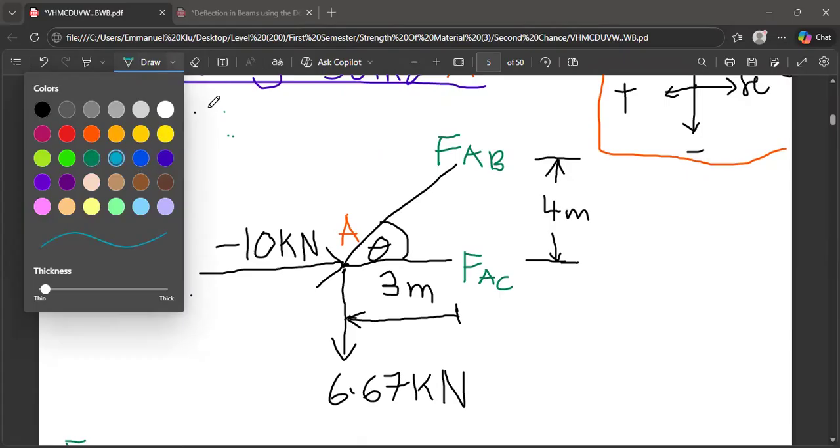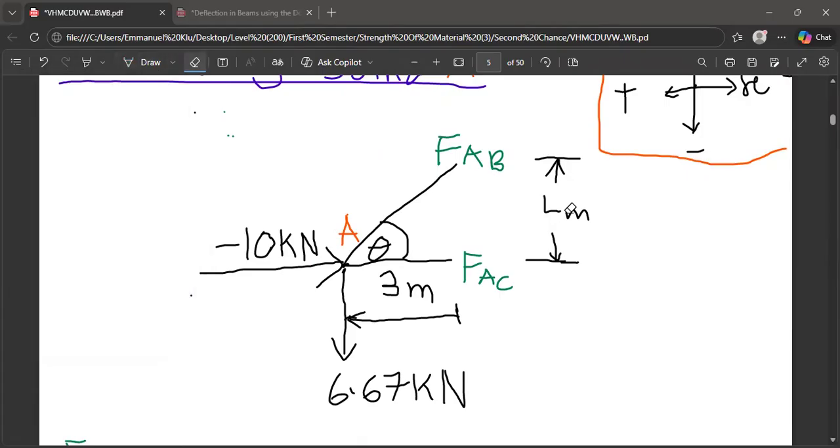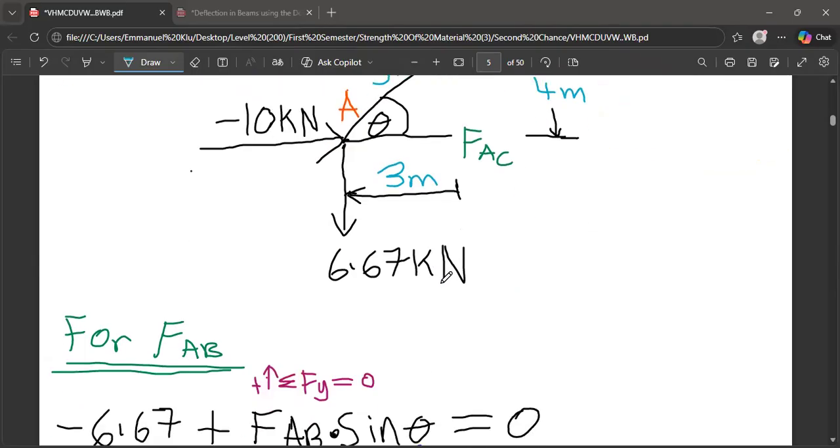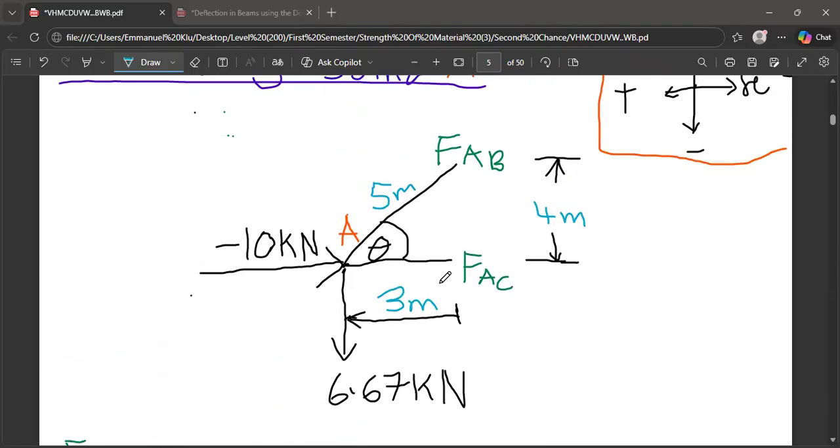So I'll take off this one, take off this one too, and then I'm going to write it. This is 5 meters now. This is also 4 meters. And now we know that this is also 3 meters. You see what we are having over here now?